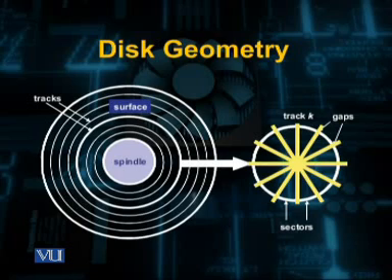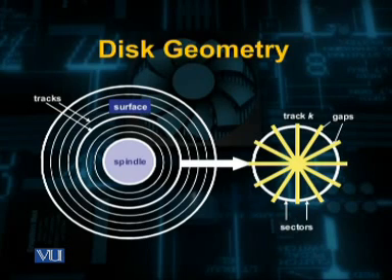Here you can see that a disk consists of platters, and each platter has two surfaces. Each surface consists of concentric rings known as tracks, and each track is divided into a number of sections. Each section is known as a sector. The sectors on a track are separated by gaps, as you can see here.